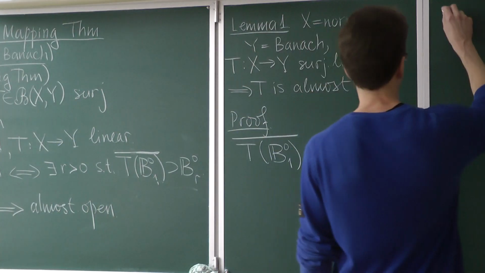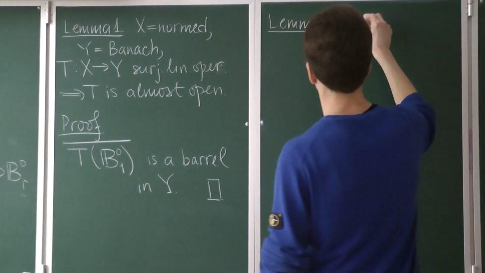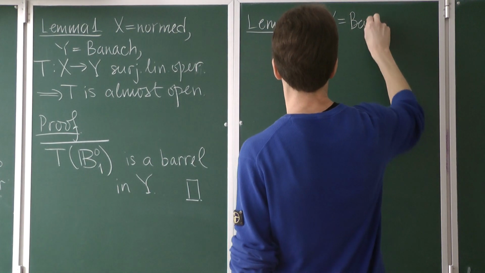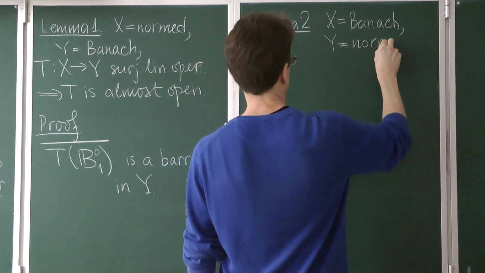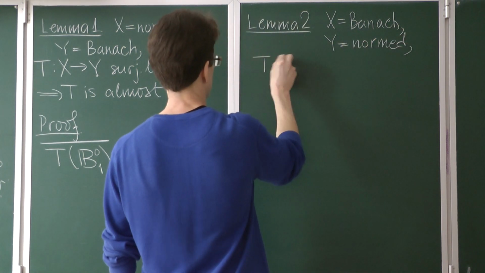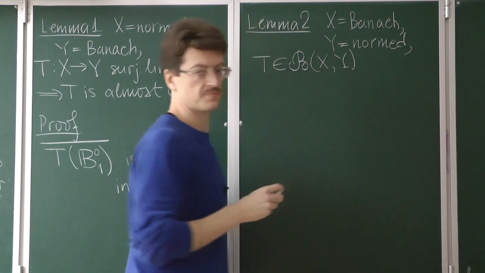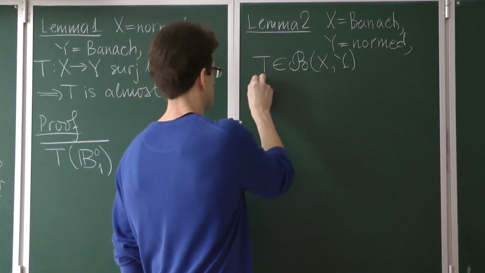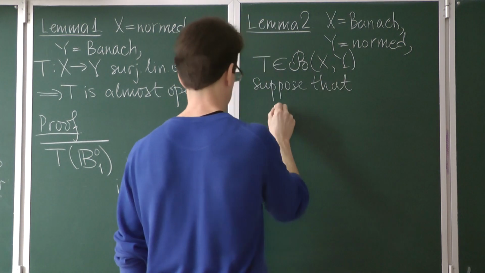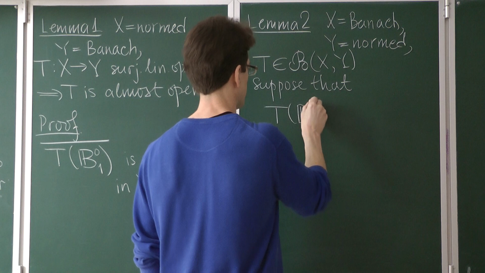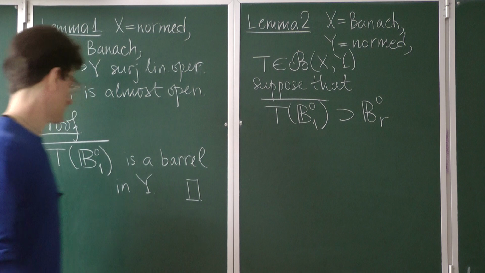Okay, now lemma 2. Now we suppose that X is a Banach space, Y is a normed space, and T is a bounded linear operator from X to Y. And let's suppose that for some positive R, we have this inclusion.